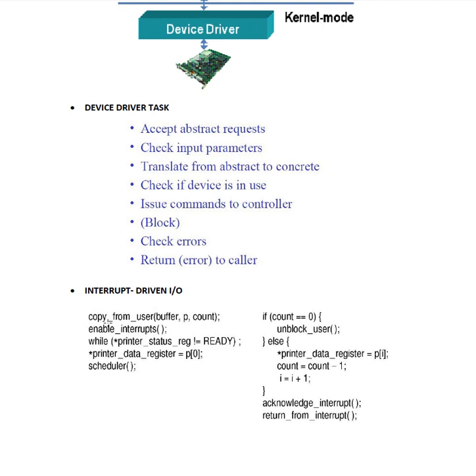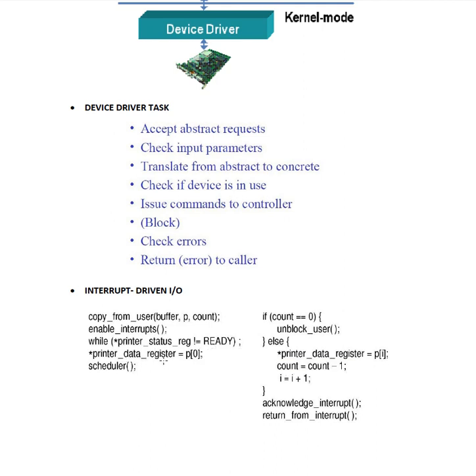So here I have shown a copy from the user buffer p count. It is counting the number of data that is there in the buffer, and that is enabling the interrupt. Suppose a printer has to be attached, so the printer status is checked if it is in the ready state.